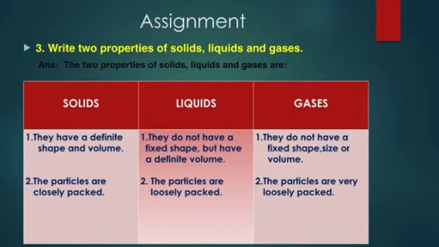Liquids, they do not have a fixed shape but have a definite volume. The particles are loosely packed. Gases, they do not have a fixed shape, size or volume. The particles are very loosely packed.